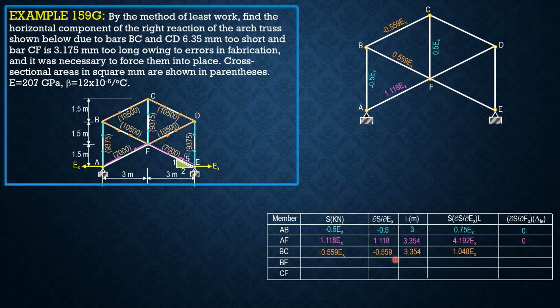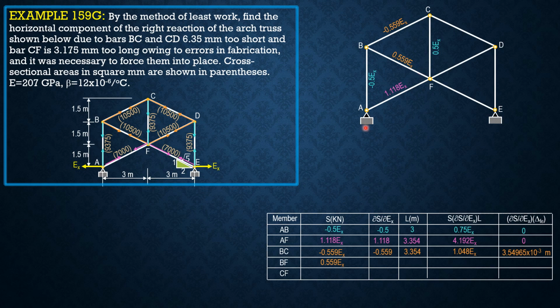So negative 0.559 times negative 0.00635, so positive 3.54965 times 10 to the negative 3. BF is not involved in fabrication error, 0.559 EX.